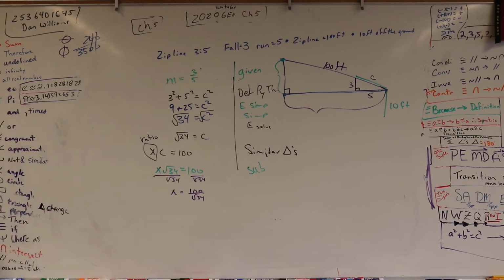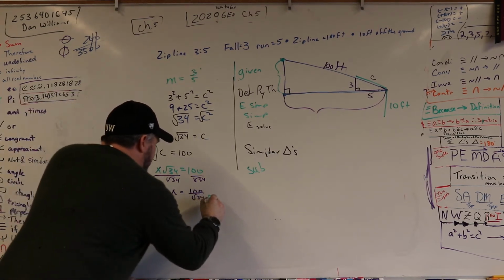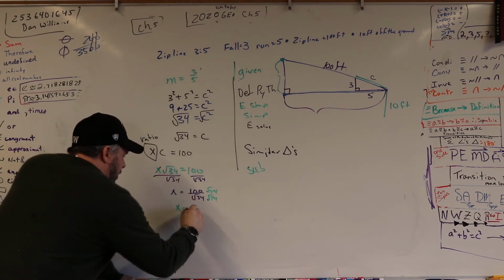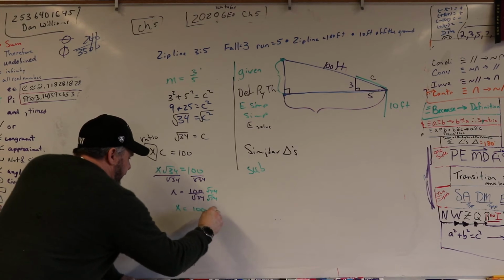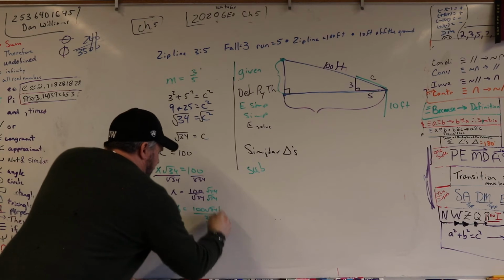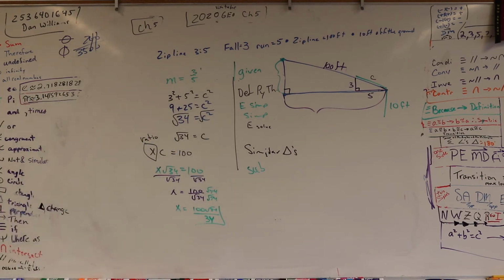Now you're not allowed to have square root 34 in the bottom. So we've got to multiply by the square root of 34 over square root of 34, and we get x is equal to 100 square root 34 over 34. Now, can we break down 34 and 100? Is there any number that goes into both 34 and 100?